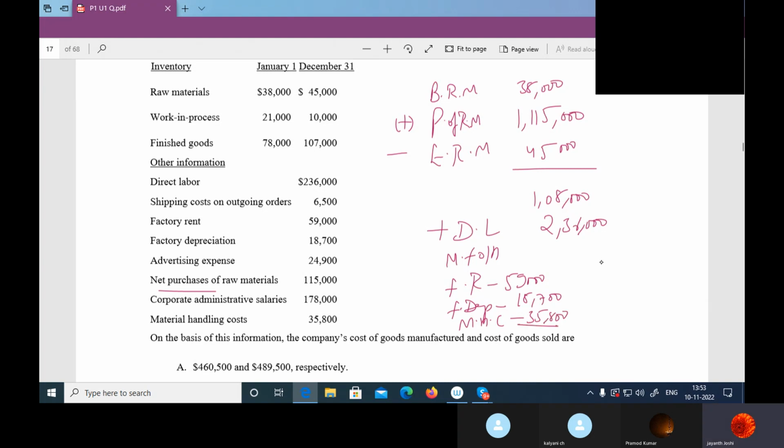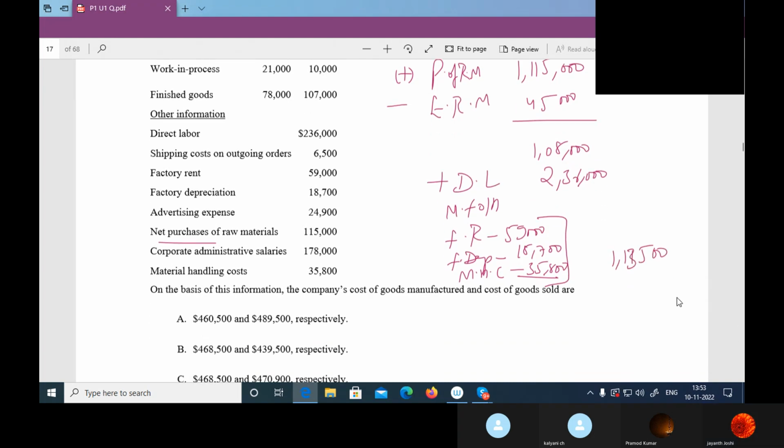If you take all of them, you get 1,13,500. Add these three figures, and you get 4,57,500. These three, 1, 2, 3.